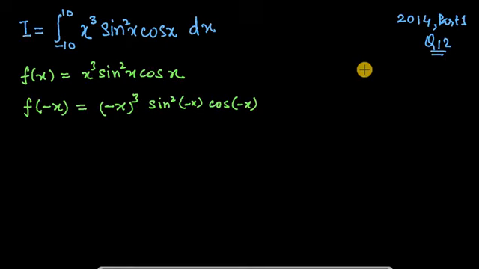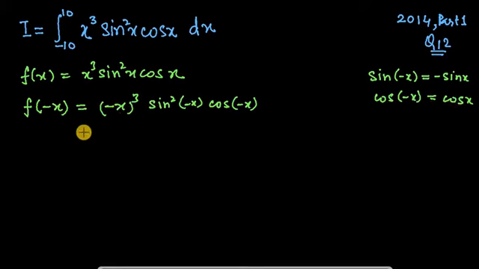Now we should remember the formula of trigonometry, that sine of minus x is equal to minus sine x, and cos of minus x is equal to plus cos x. This minus sign comes out of the sine function, but the minus sign is eliminated, or we can say digested, within the cos function. There is no remaining of this minus sign when it comes with cos, so this is plus cos x.